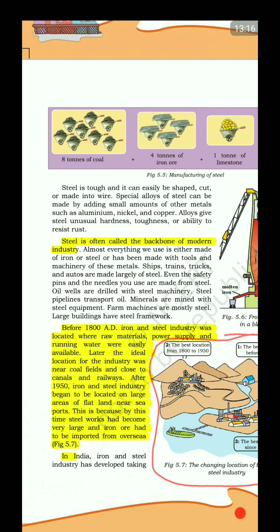Now later, if you see near the forest, lots of wood, and moreover, the Bessemer converter was invented in 1855, and hence the Bessemer converter required lots of wind so that the impurities can be burnt, oxidated.